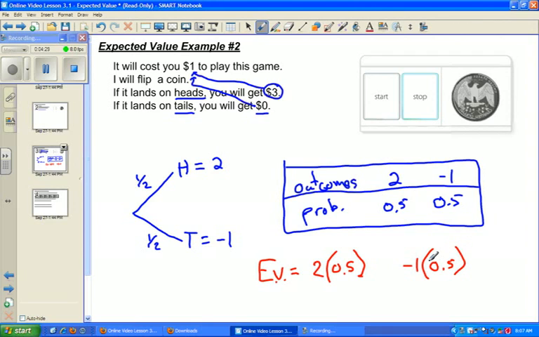And after we multiply all of the outcomes times their probability, we add the answers. So expected value: 2 times 1/2 is 1, plus -1 times 1/2 is -1/2. And when I add 1 plus -1/2, I get 0.5 or half. That is my expected value for this problem.